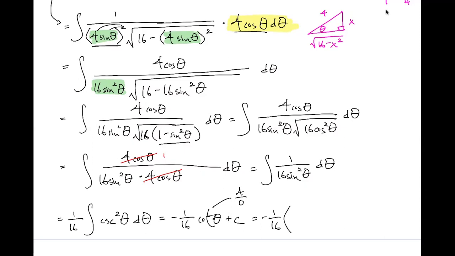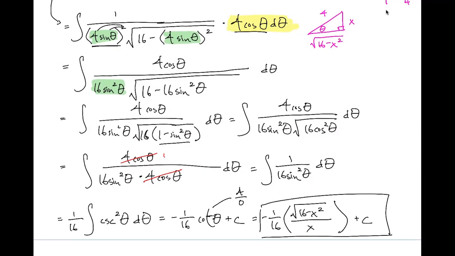So all I'm going to do is go to my pink right triangle and take the adjacent side, sorry, and put it over the opposite side. And that's it. Okay, that's how we get our answer back in terms of x's and not in terms of theta.